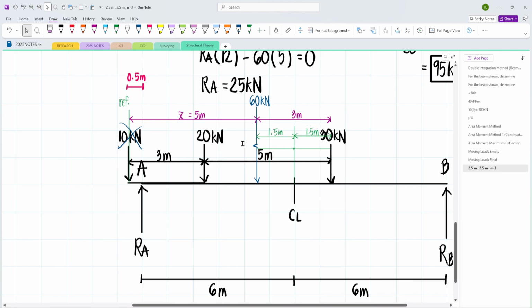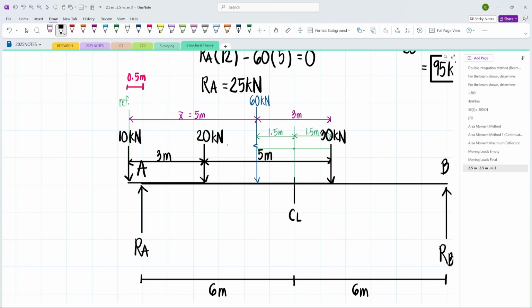You can check our previous video with the two moving loads for what to do if a load goes beyond the span. Essentially, this problem has 3 moving loads. When a load goes outside the span, we reduce the problem into a 2 moving loads problem.